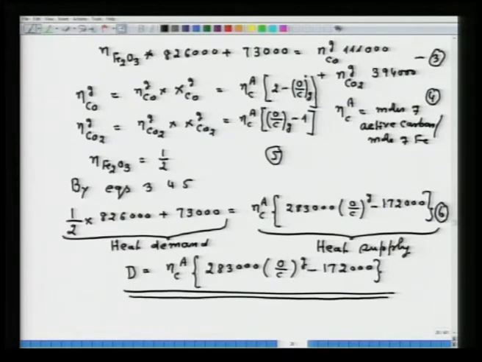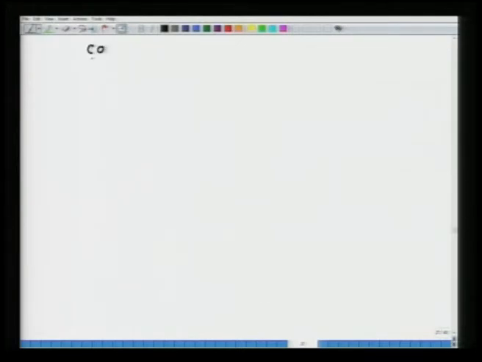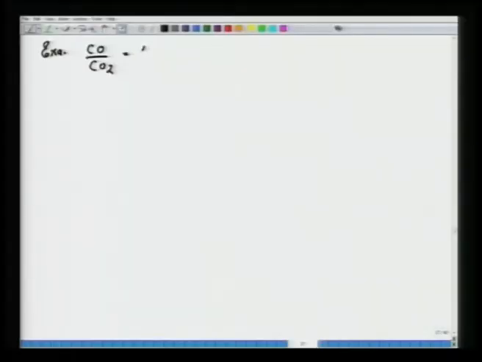Now, before I go, I will try to illustrate by taking an example. For example, the CO by CO2 ratio in the top gas of a blast furnace which is charged with pure Fe2O3 is equal to 1. Pure Fe2O3 is the burden for blast furnace iron making.